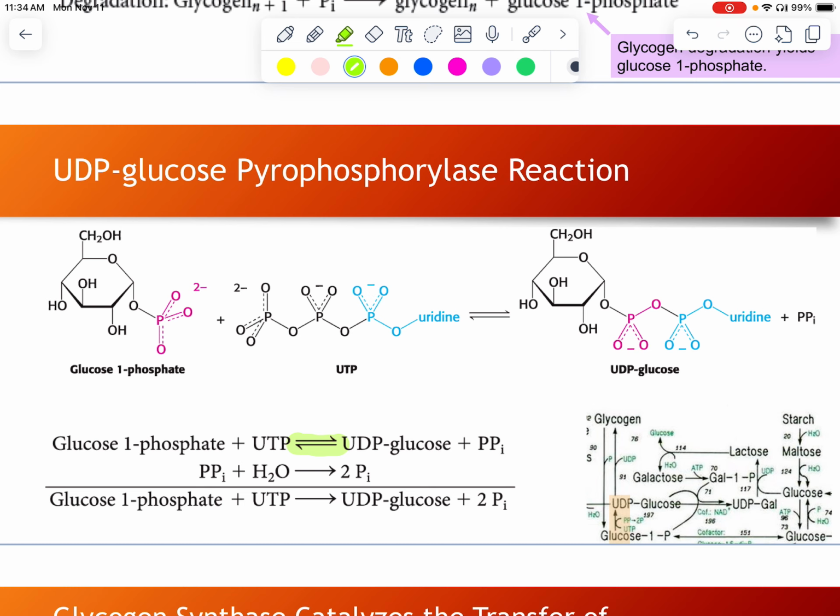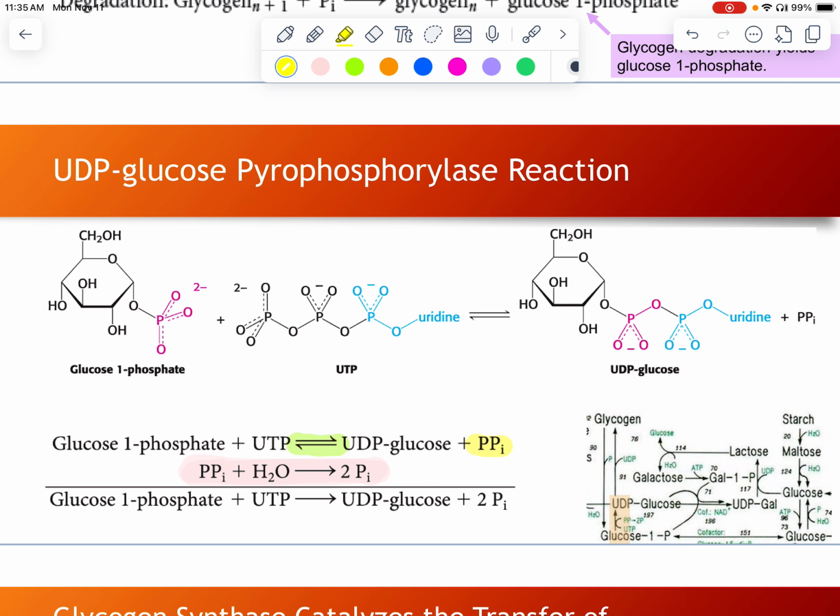The driving force for this reaction, what really pulls it towards the products, is the fact that that pyrophosphate is readily hydrolyzed to split apart into 2 phosphates. And when that happens, this process that is very energetically favorable pulls this product out. So think Le Chatelier's principle.